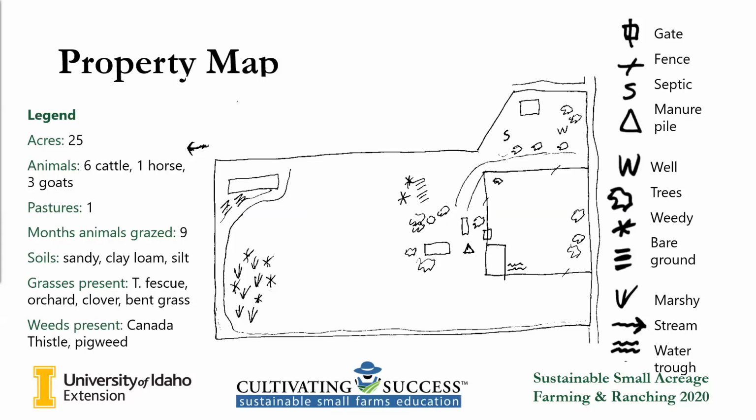So the master map or the base map will have the geographic features or the natural resources, as well as the fixed developments, those that are not easily moved. And then starting with a more blank and open map allows you to look at your property with more of an open mind.